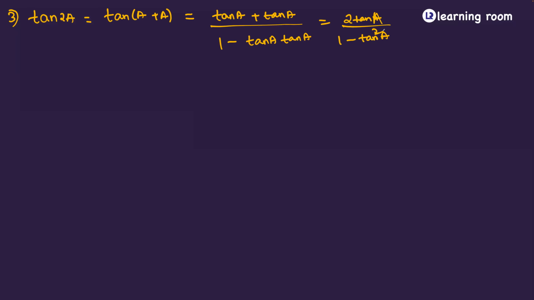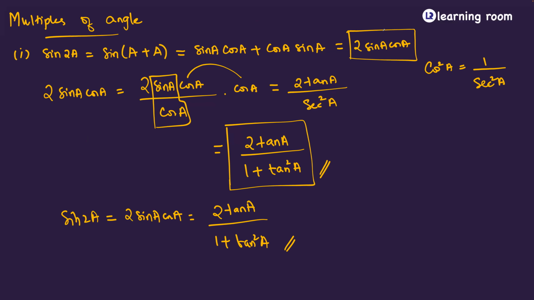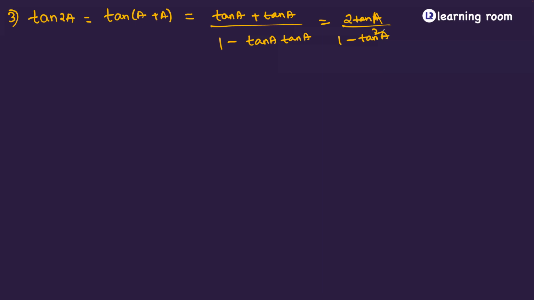See, this is where I want you to concentrate. There is a similar expression for another identity. 2 tan a by 1 plus tan square a, whereas here it is 2 tan a by 1 minus tan square a. I told you, people get confused.